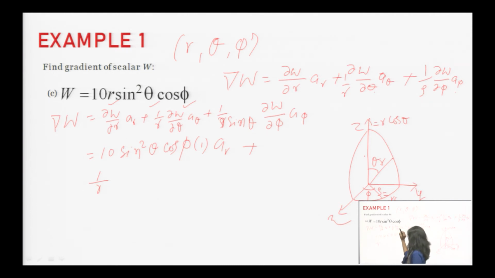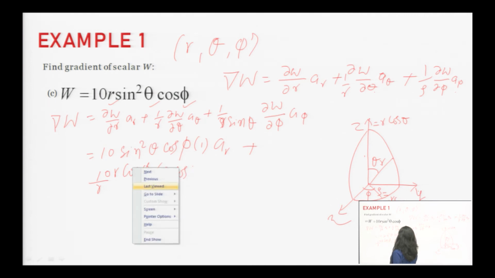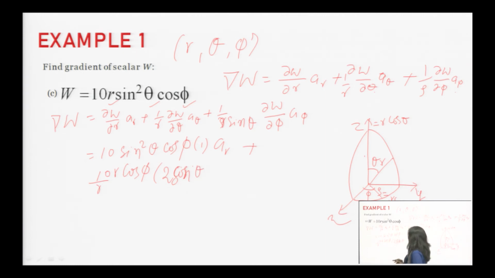Then we need to differentiate this w term with respect to theta, so except theta everything will come as it is, that is 10 r cos phi. Now here is the sin square theta, so the differentiation of sin square theta will be 2 sin theta, and the differentiation of sin theta will be cos theta, so finally we can write cos theta.